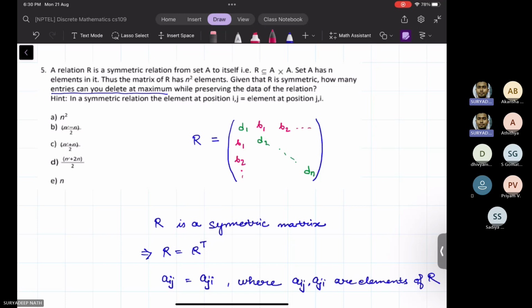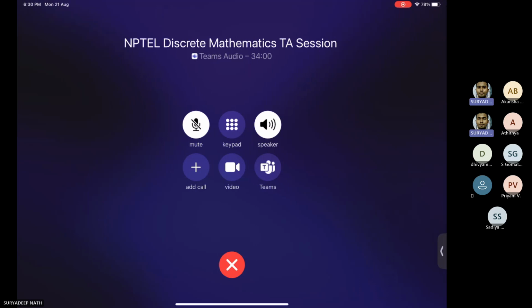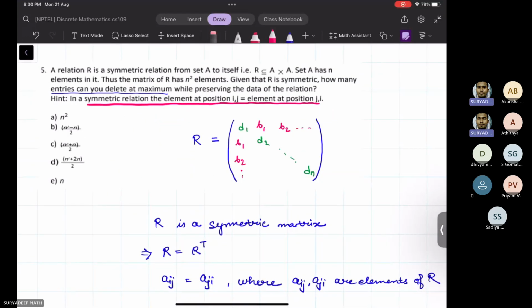The biggest hint is this: in a symmetric relationship, the element at position ij is equal to the element at position ji, which means that if we keep only the elements above the diagonal or below the diagonal and remove the other elements, then we can reconstruct the matrix R as well.